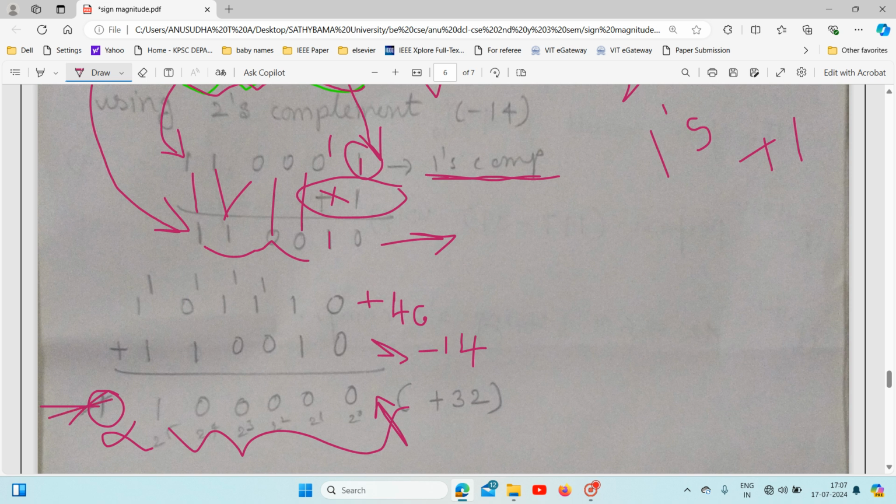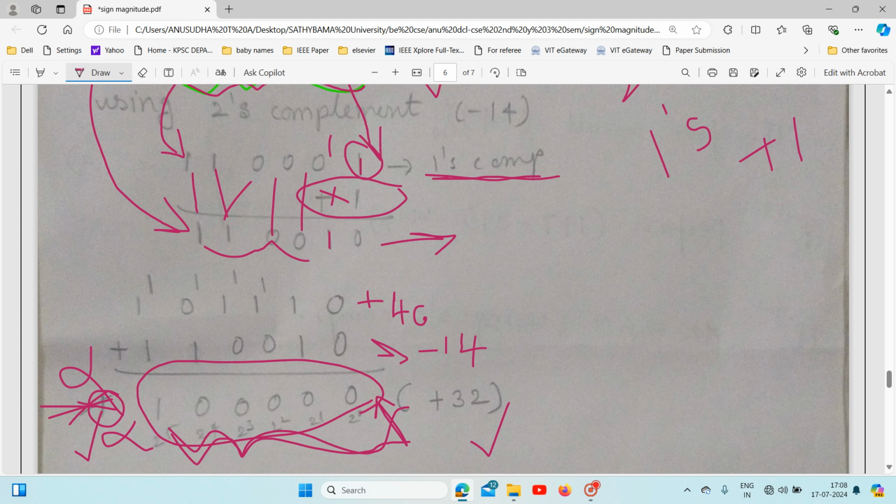So you just have to find out the decimal value of this binary number. After performing the addition operation, you have to find out whether you are getting an extra carry bit or not. If you are getting the extra carry bit, you have to ignore it. If you are not getting the extra carry bit, you have to take the 2's complement for the magnitude. So your result is plus 32, right?